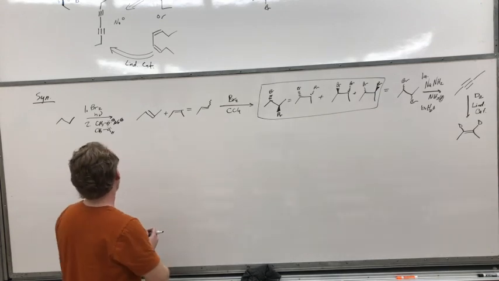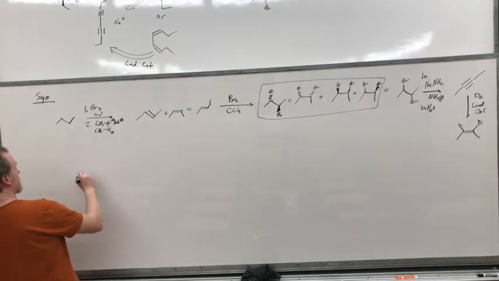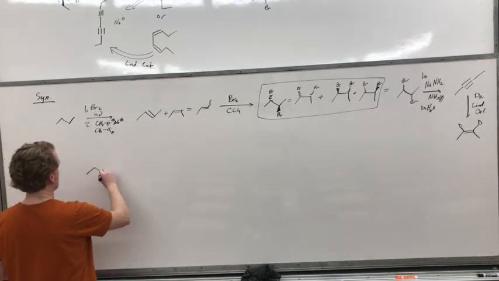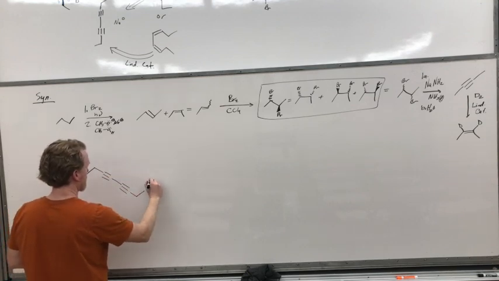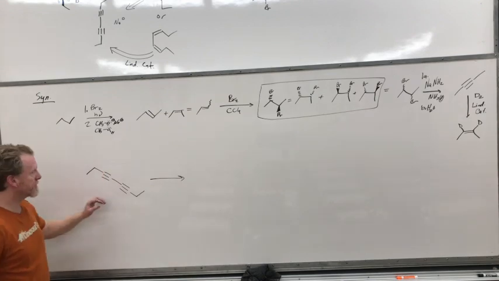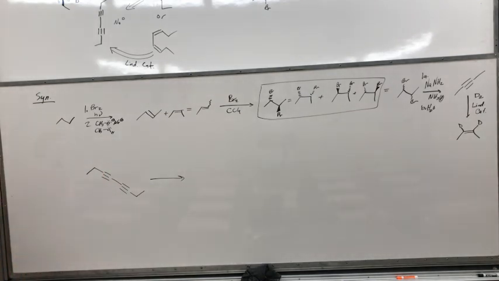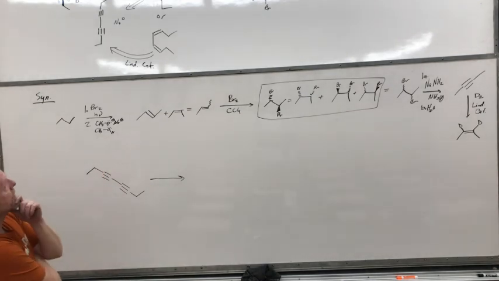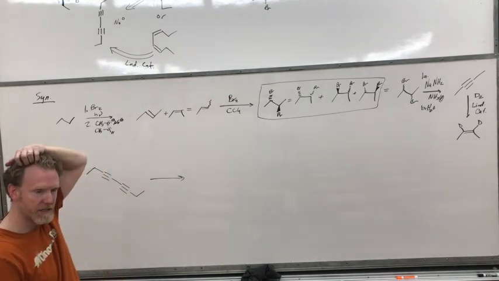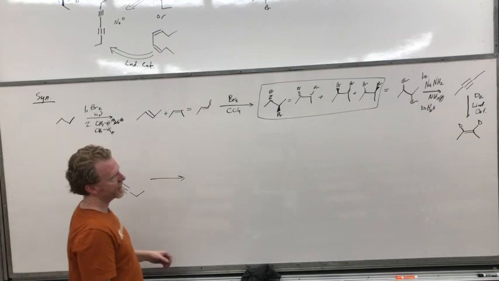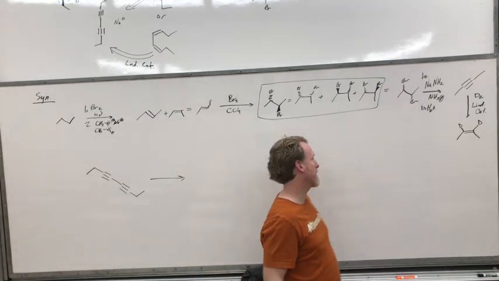Now to make the diene, easy enough. I just need to do a partial reduction of both of the alkynes. And I can do this to make it the anti addition or the syn addition. Since I already did syn addition, why don't I do anti?